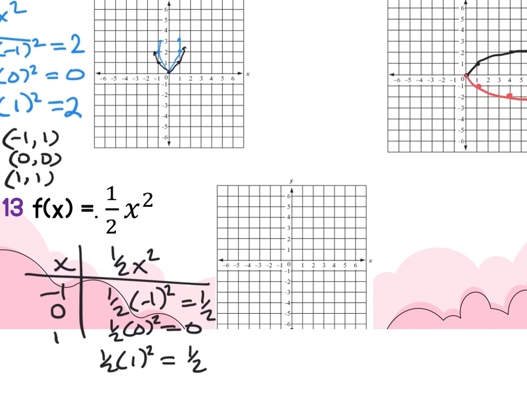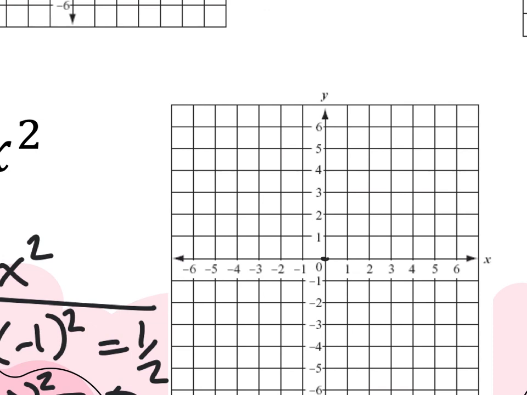So normally it would look like this. But now what's happening is it's getting fatter. So it's only hitting it at 1/2. So it's getting mushed down and they're shrinking it. So for this stretch and this shrink, just plug in the -1, 0, and 1. If it's a number bigger than 1, it goes up faster. That's it.